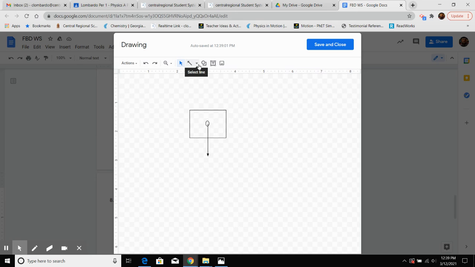Air resistance is a type of friction. So if I draw in my arrow here, I get the little black plus sign, go from the center, and I'm going up. I want to make it the same length or very close to. Looks relatively close, and if I hit the select button and drag it, okay, it looks pretty good.